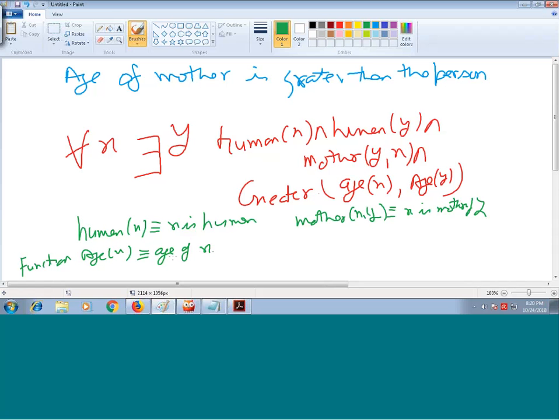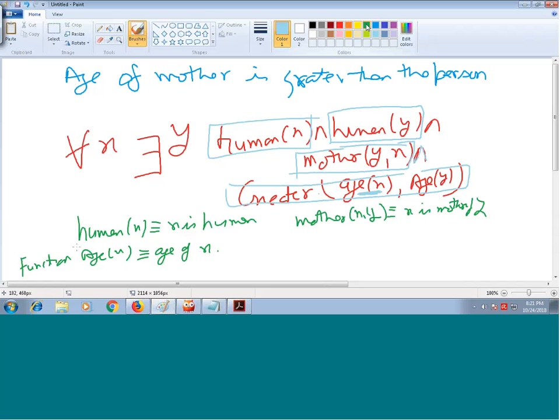So you can see that in this, human is a predicate, mother is also a predicate, and greater is also a predicate, and they are put together using the connectives. But age was only used as a parameter inside a predicate. This is what I wanted to tell: whenever you have a function, it can go as a parameter into another predicate.